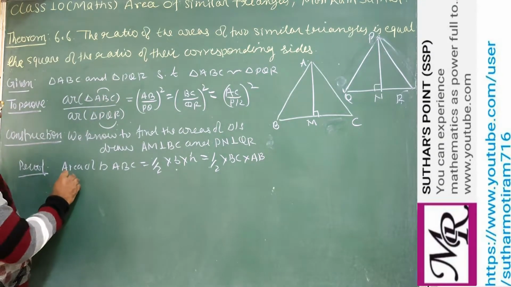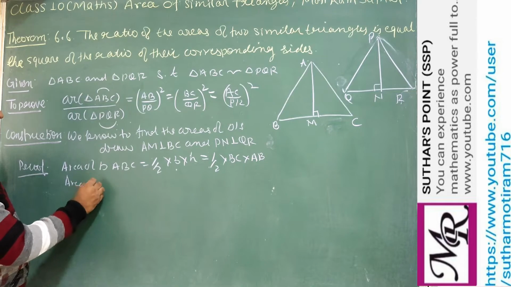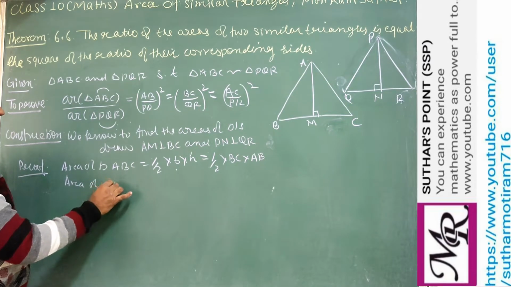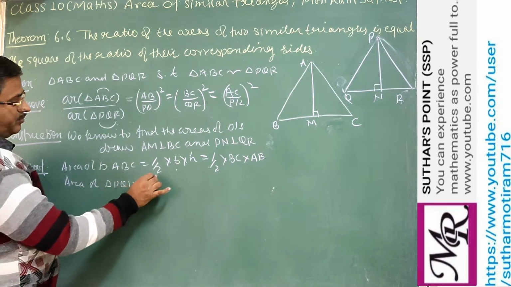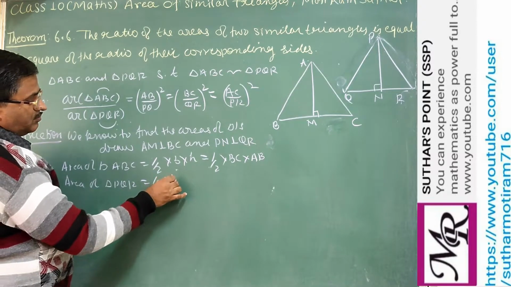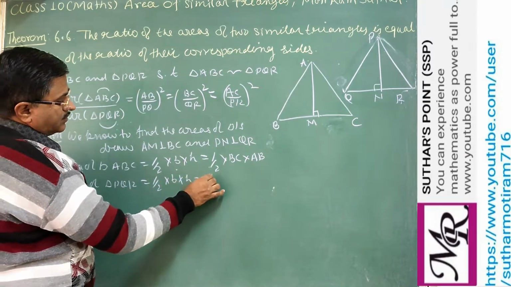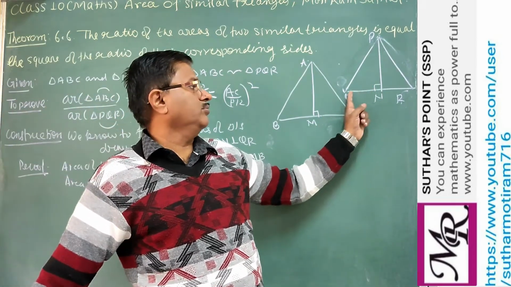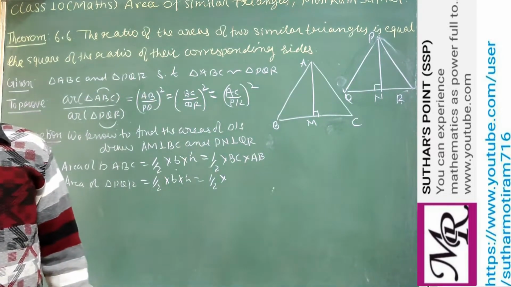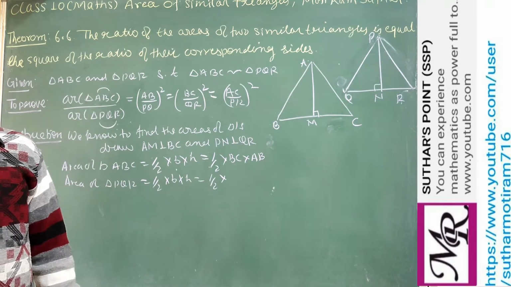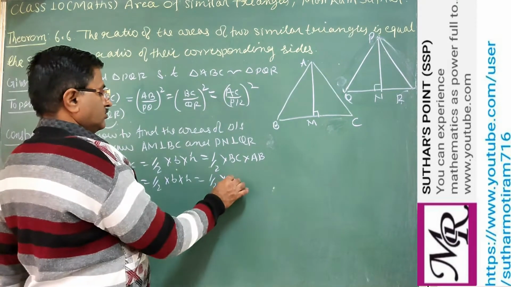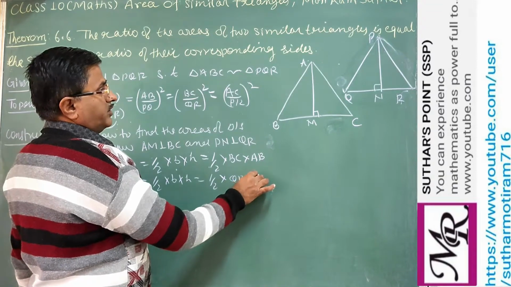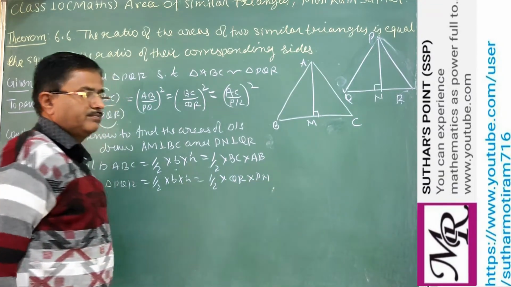And area of triangle PQR, again the same formula, 1/2 base into height. In the second triangle we are taking base as QR, and the corresponding height is PN.